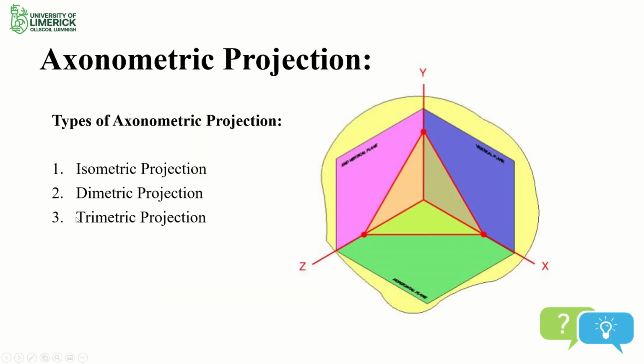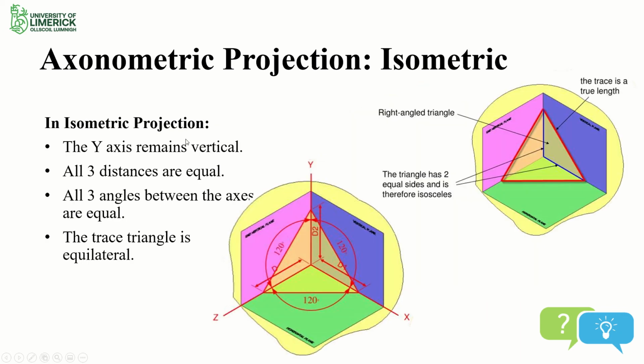So we'll have a first look at isometric projection, which is the simplest of the 3. Isometric projection, as you can see here, the y-axis remains vertical, so the y-axis here stays vertical. All 3 distances are equal, so you can see the distances for each one of the axes all the way out, as you can see here, like D, D1, and D2 are all the same.